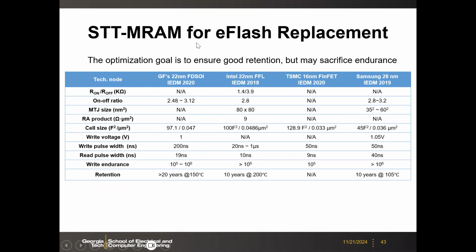I just want to emphasize, if you are targeting eFlash replacement, what you care about is the retention. Especially for automotive, you need years of retention at 150 degrees C. In that case, the endurance is sacrificed, typically 1 million cycles only, but this is good enough for eFlash replacement.